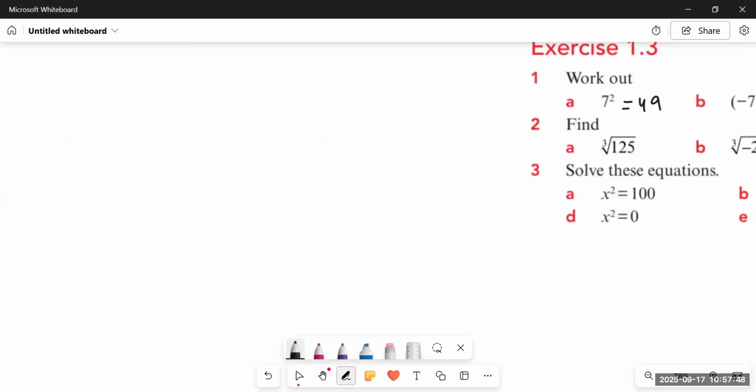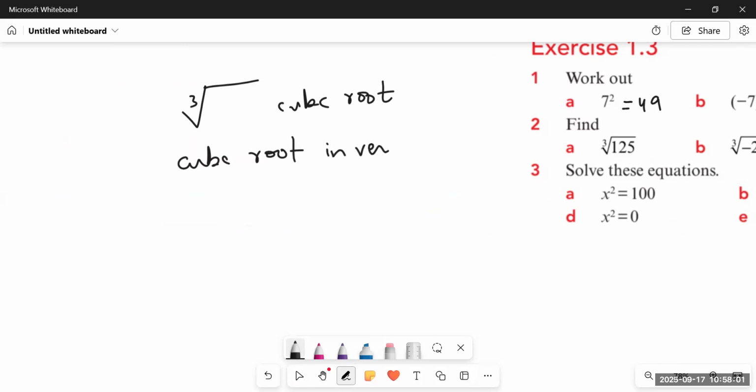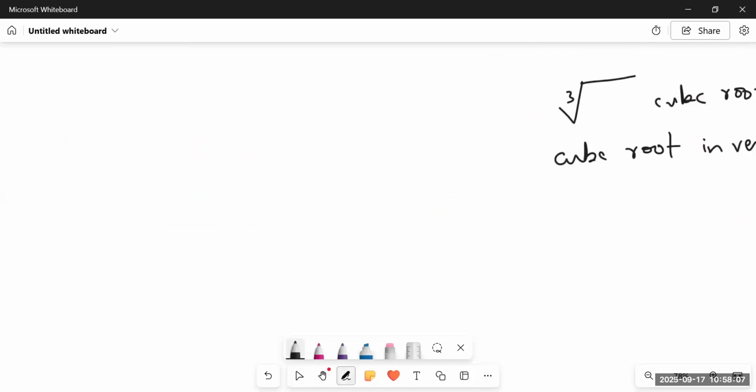When you find this sign, it means we have to find out the cube root. The cube root is the inverse of cubes, right? Let's start from 1. The cube of 1 is 1. The cube of 2 is 8: 2 twos are 4, 4 twos are 8.